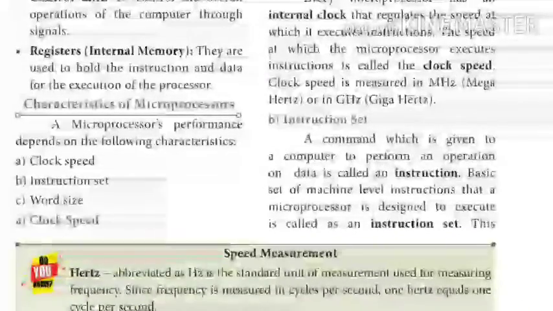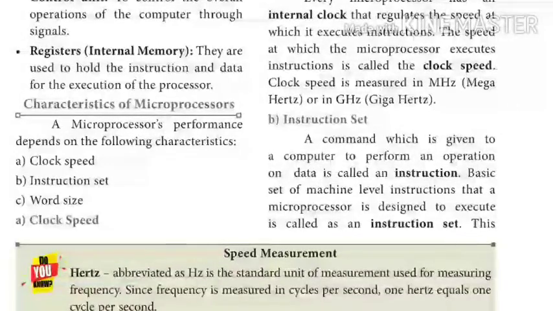So next is instruction set. The command which is given to the computer to perform an operation on data is called an instruction. The instruction is the software command that is given to the computer so that it will execute it and give you the proper output.